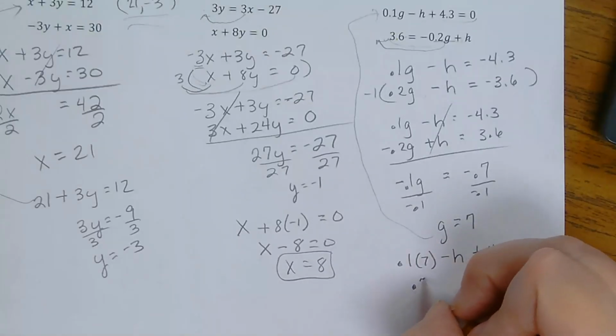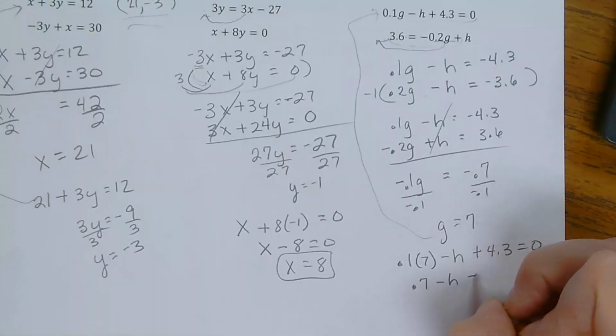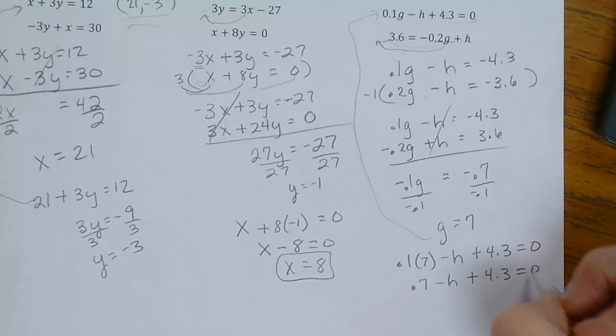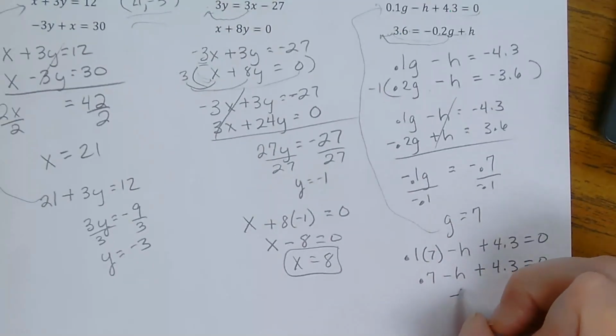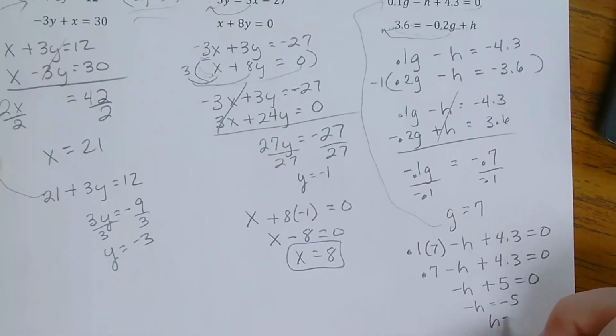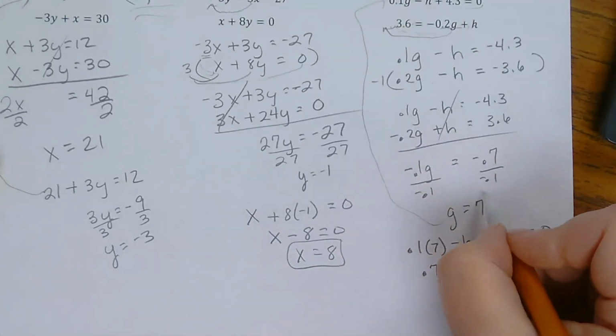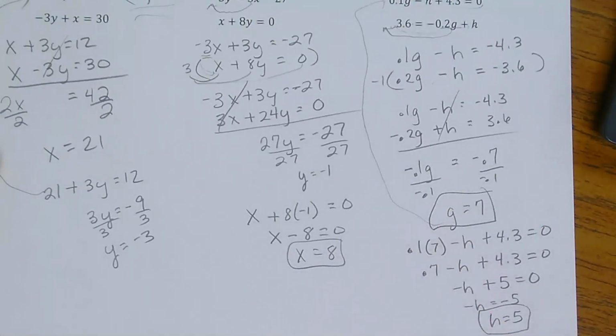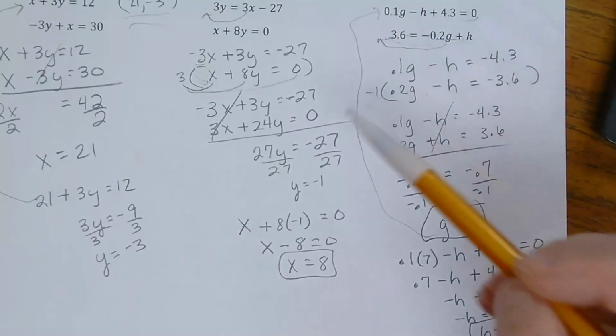So 0.7 minus h plus 4.3 equals 0. So negative h plus 5 equals 0. So negative h equals negative 5. So h equals positive 5. So in this case, if g is 7 and h is 5, both of these become true statements.